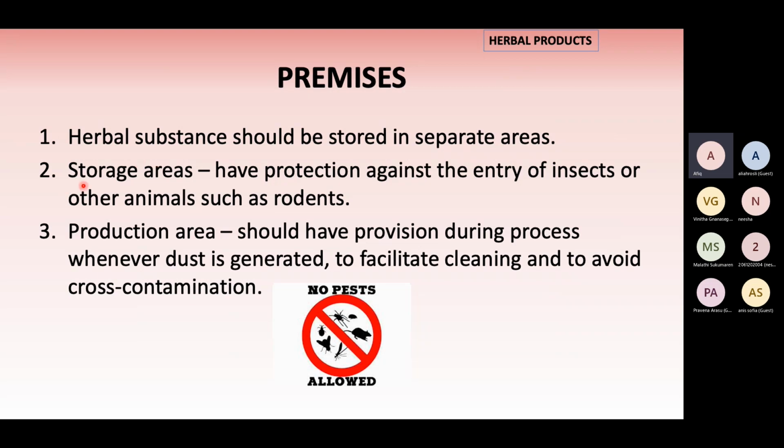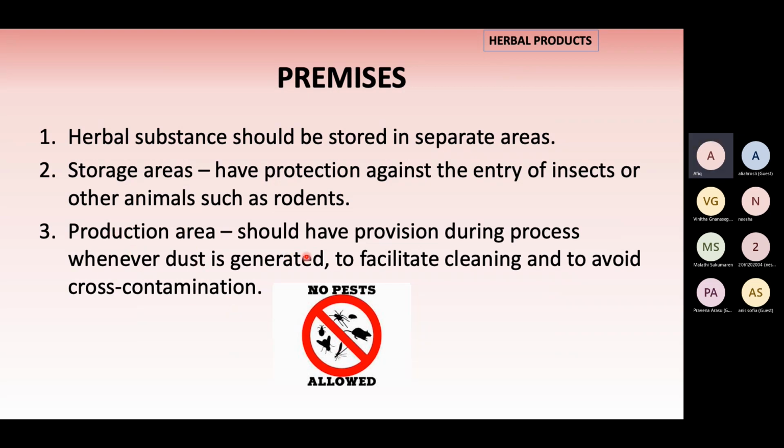And then storage areas have protection against the entry of insects or other animals such as rodents. So you have to make sure that it is insect proof. So no insect or pest can be seen entering the storage area. Okay, not even an ant. Semut pun tak boleh.